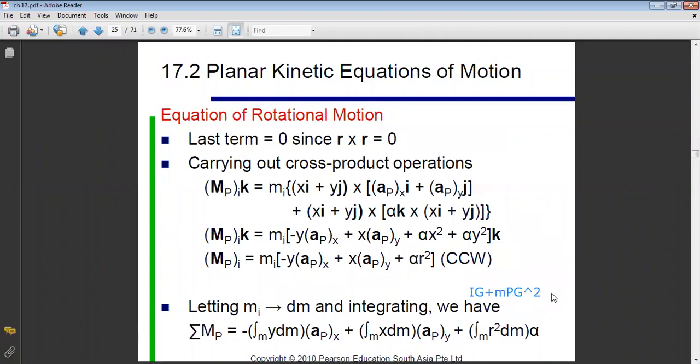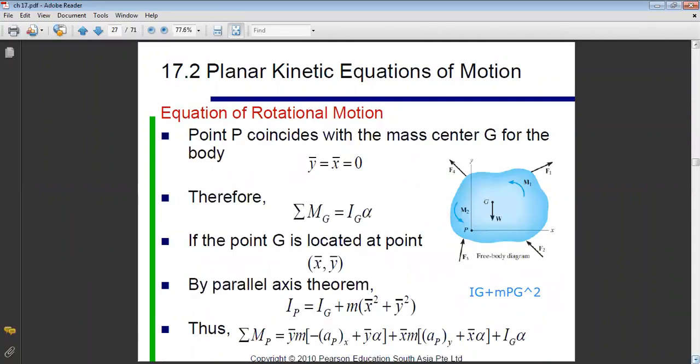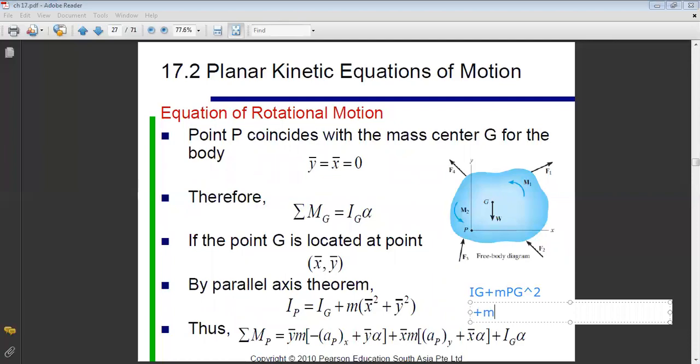This is first. Second, if I go back to my expression here, I want to introduce AG. How to do this? I replace first IP by IG. So here I have IG alpha plus M X bar square, plus M Y bar square.